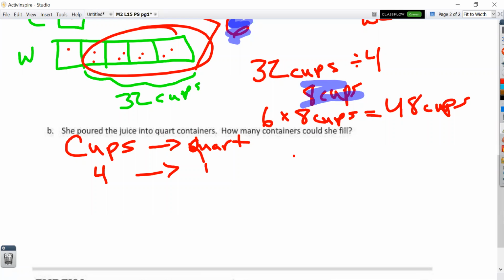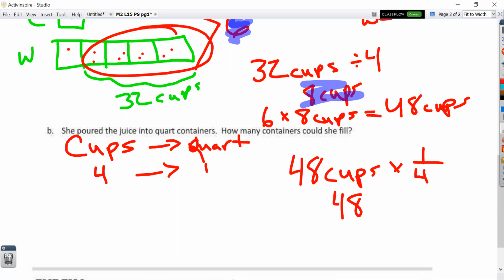So if we're thinking about this, we have 48 cups, and we said the relationship of cups to quarts was 1/4. So now we know that it's 48/4, because we've been practicing that. So we know that we're going to have to divide 48 by 4 to figure out how many quarts there were.